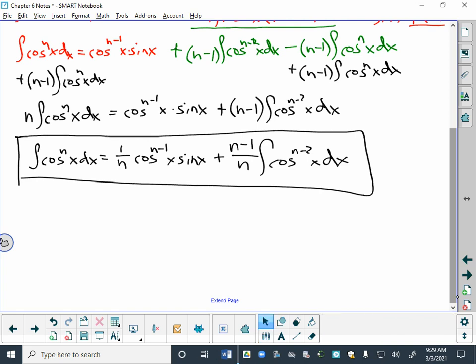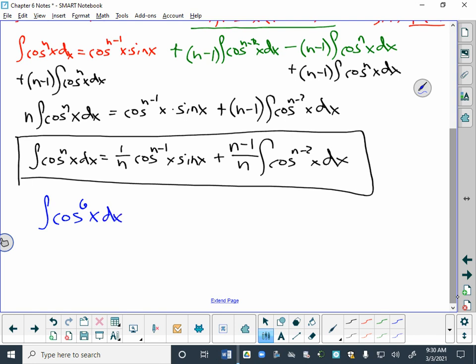Let's go ahead and do a problem. We'll keep it fairly simple here. Well, we've got time. We'll do cosine to the 6th x dx.